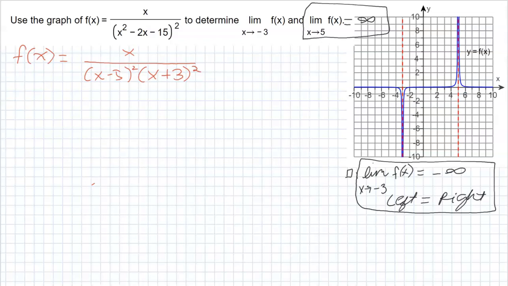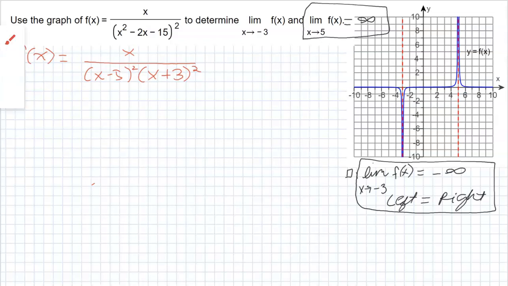So we can see that a fraction here is going to have infinite limit, or where the vertical asymptote would be, is when its denominator is approaching 0, right?